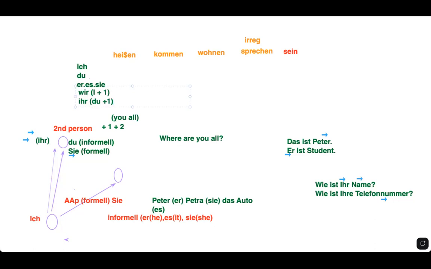Basically, if I know you guys, I can use "du", and for many people I will use "ihr". Then you have "Sie", capital S. This can be the second person. This can be the third person formal. No matter where it stands in the sentence, it will always be capital. Then you have another "sie".